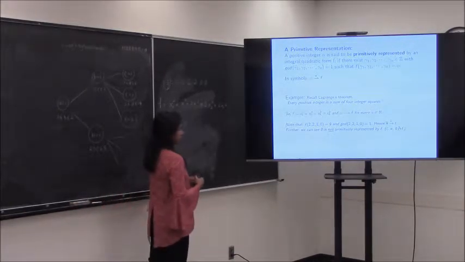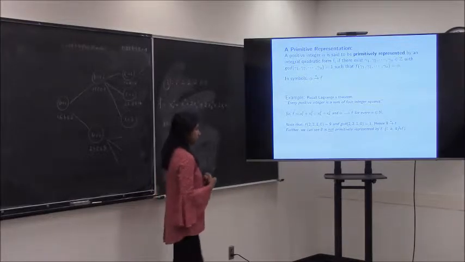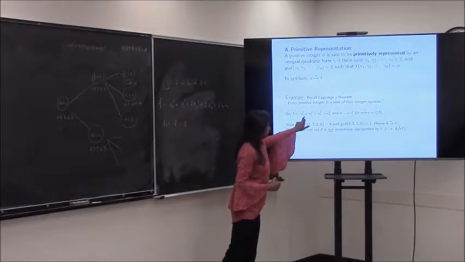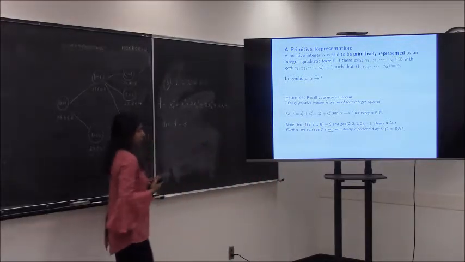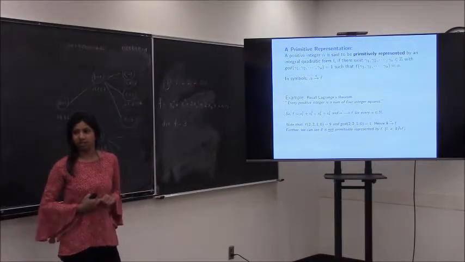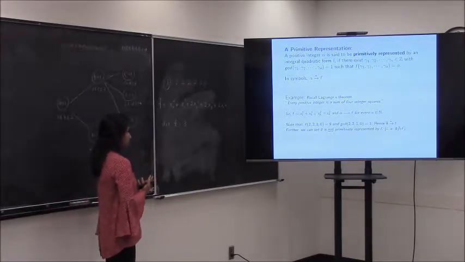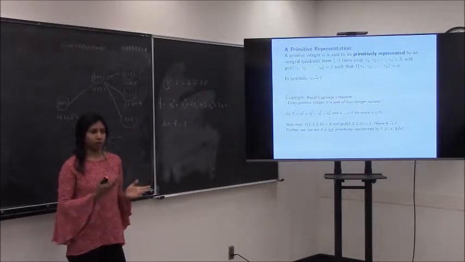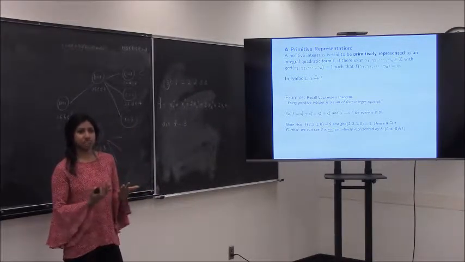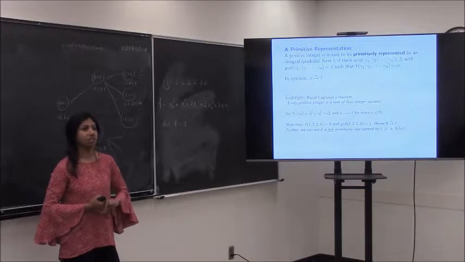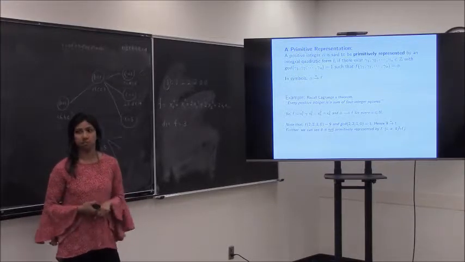And when we try to get a primitive representation for 8 using this quadratic form, we cannot do that. You can check. We can let x1 be 2, x2 be 2, like 4 and 4, but you can see the GCD is not going to be 1 in this case. So it's not going to be primitive.